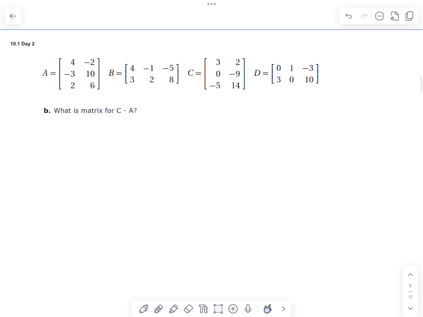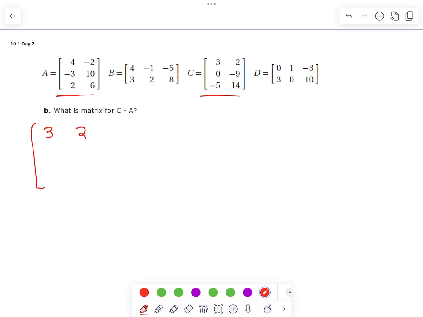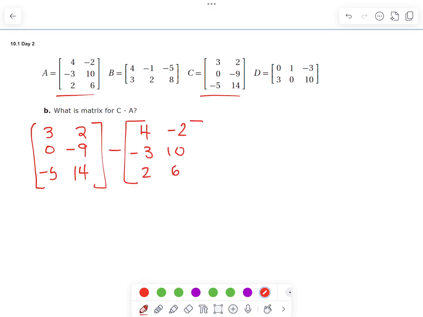Now it's asking us to subtract C minus A. So again, we've already talked about they are the same dimension, so we're good to go. So we're going to take C minus A. So again, this is the C and that's the A. And we're going to subtract them.